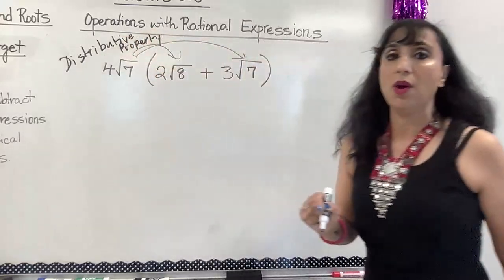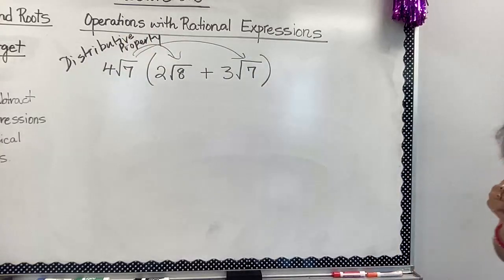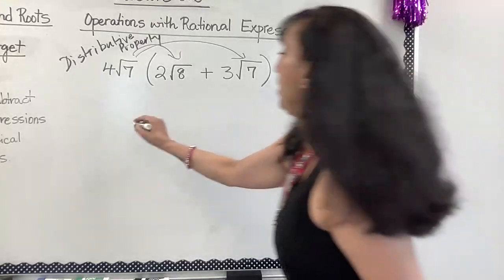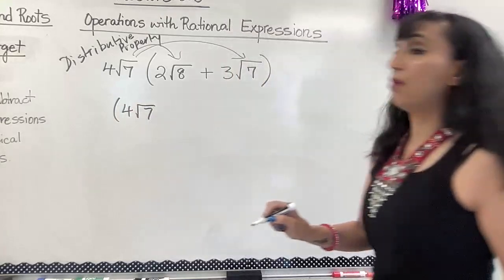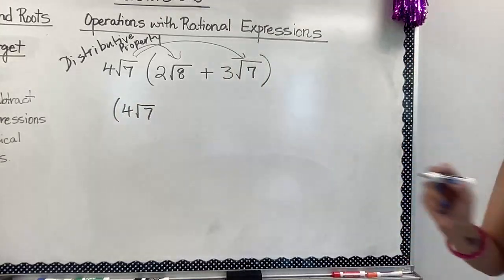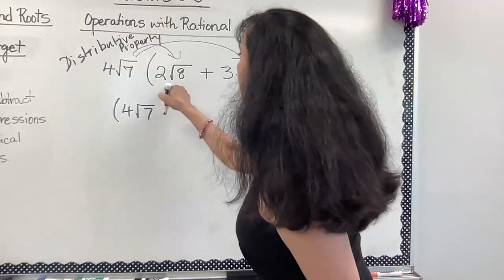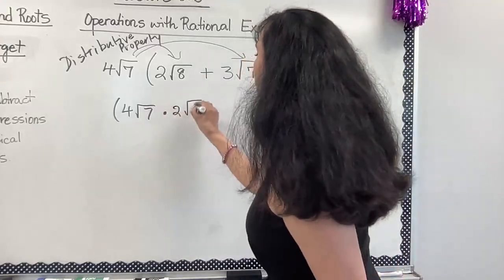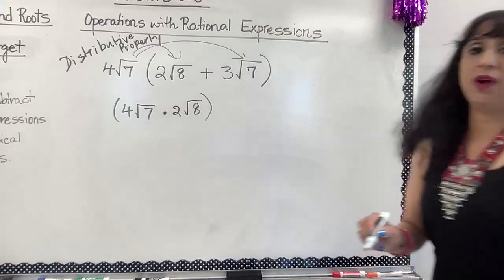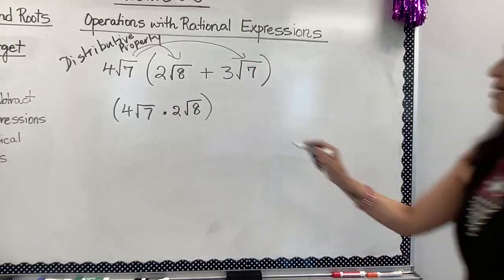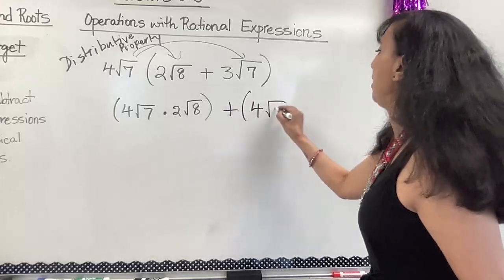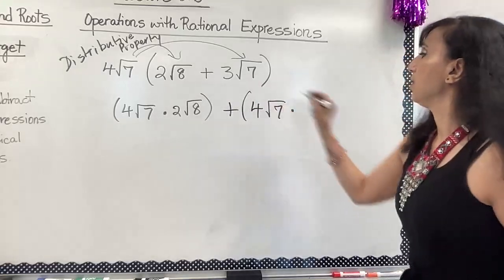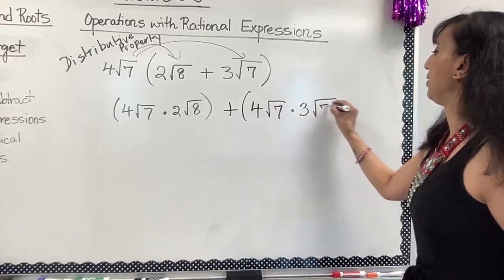Okay, so let's go ahead and do the multiplication. So I know that this is going to be 4 root 7 times 2 root 8, right? And then I'm going to have plus 4 root 7 times 3 root 7.